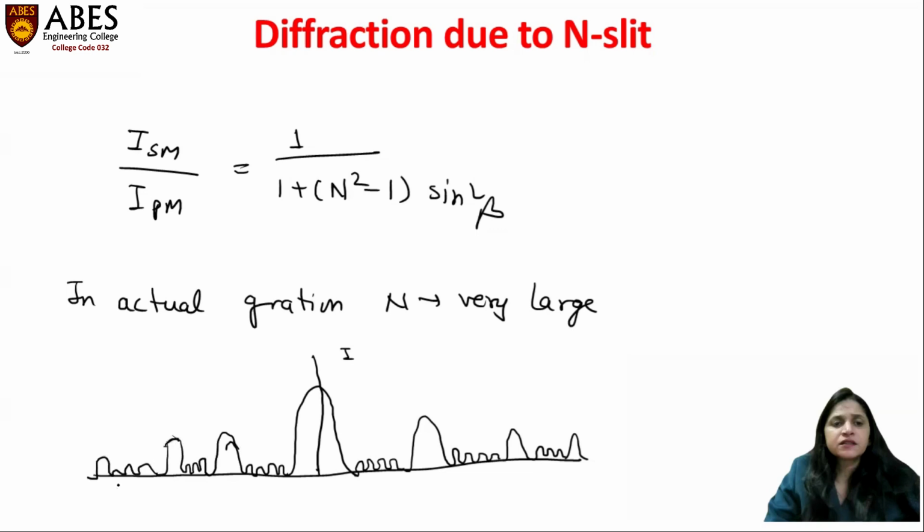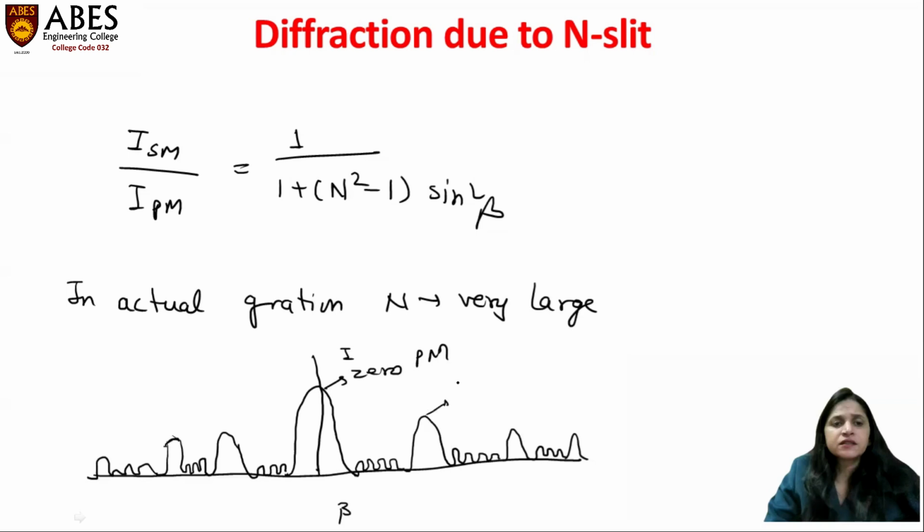Okay. Similarly, we are talking about this side. So what is this forming? This is forming the graph of n slit. Now, see on the beta axis, if we see beta equals to 0, we are getting this is your 0 order principal maxima.